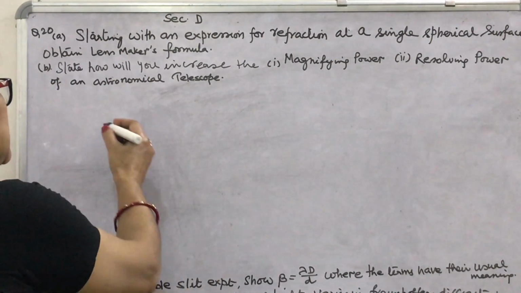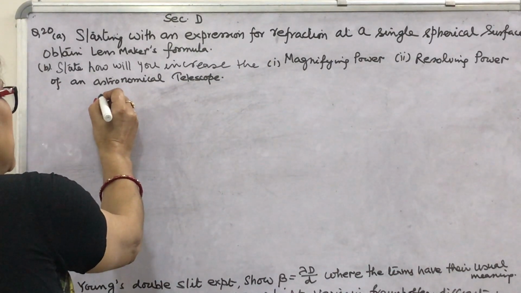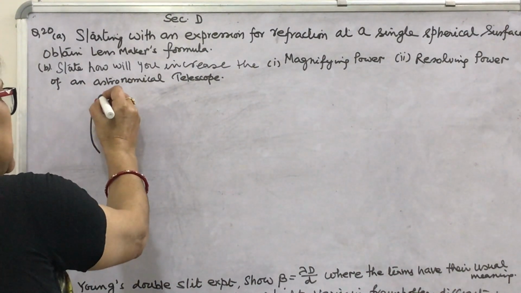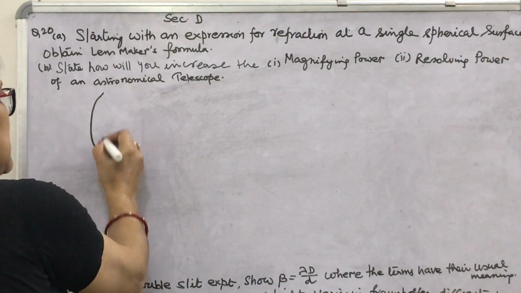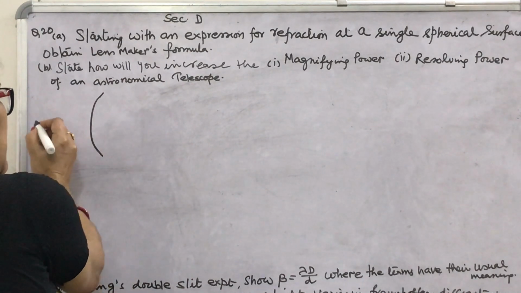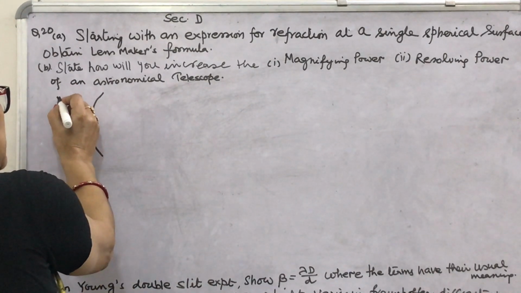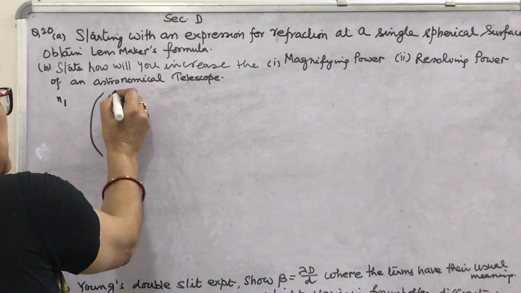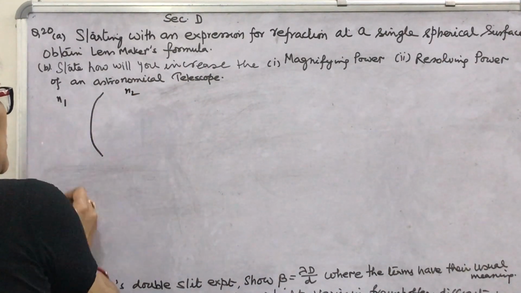You know the lens, if you represent it like this, one surface of the convex lens, this one, here it is glass and here it is air. Suppose this is the medium N1 and here, since it is glass, medium N2.